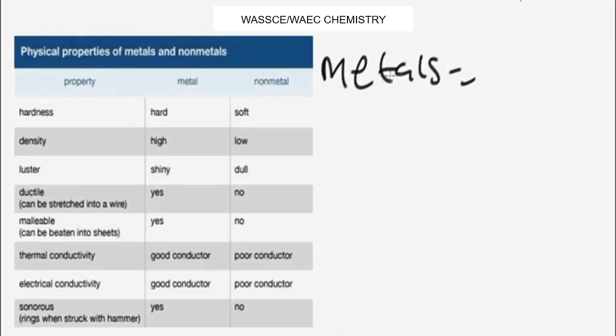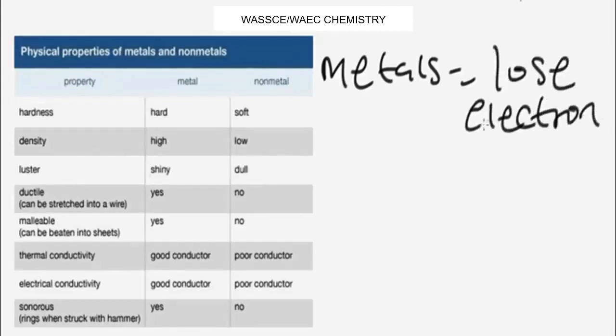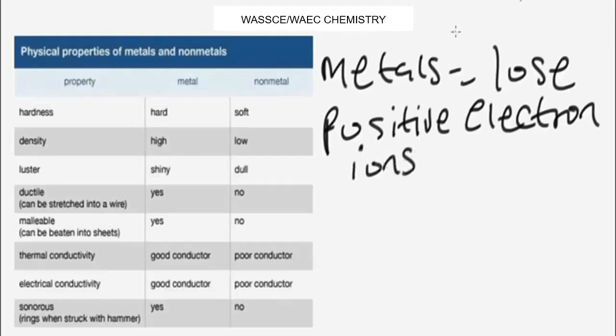Now, metals are simply elements that lose electrons when they take part in chemical reactions. So metals lose electrons. Note again that metals form positive ions when they react.